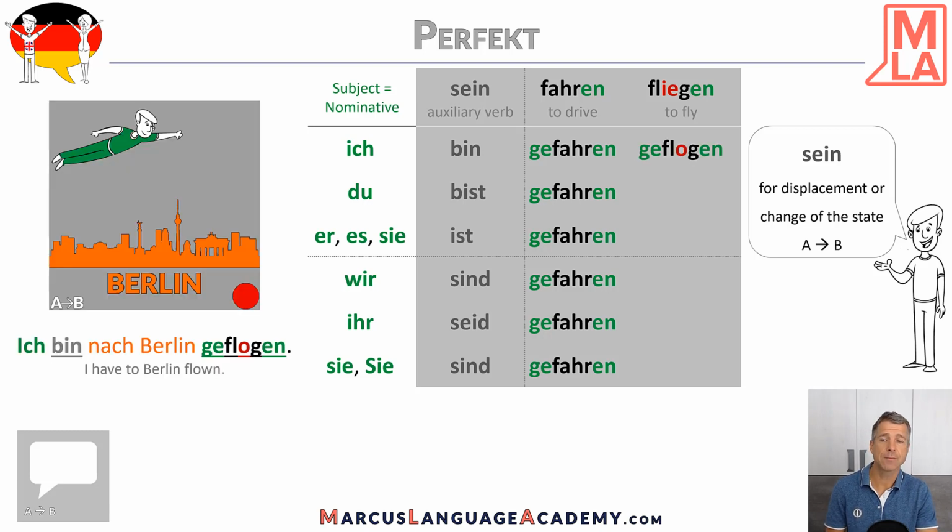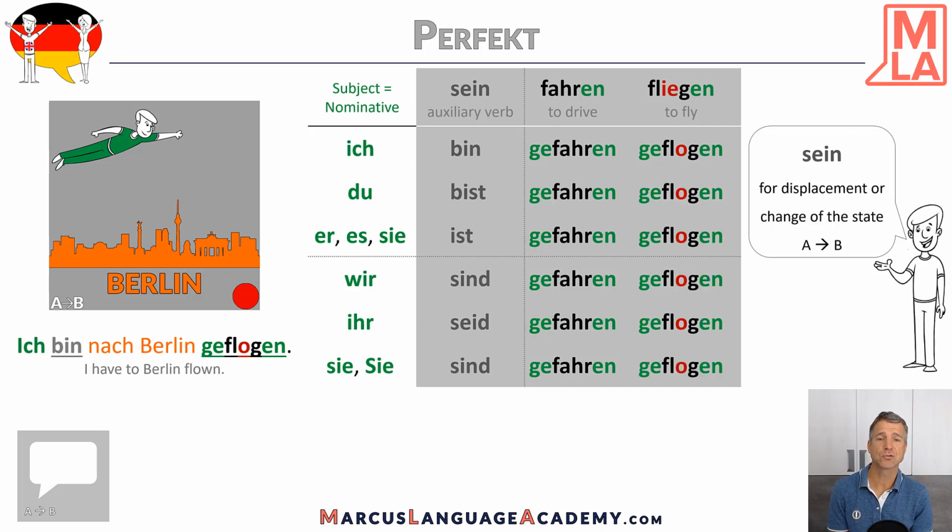I have or I am to Berlin flown. No? So it's like in English, it's also irregular, geflogen. No? And the rest of the persons, obviously, it's the same. So du bist geflogen, er ist geflogen, wir sind geflogen, ihr seid geflogen, sie sind geflogen.